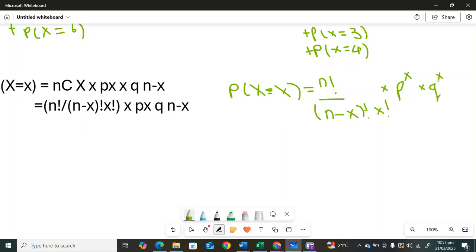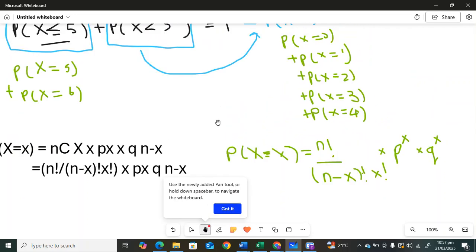Okay, this is the formula we're going to use to calculate these individual probabilities.